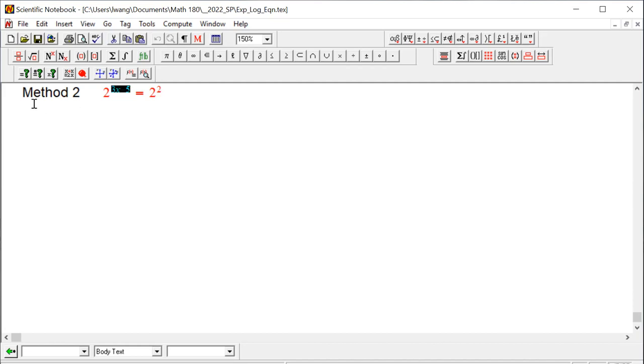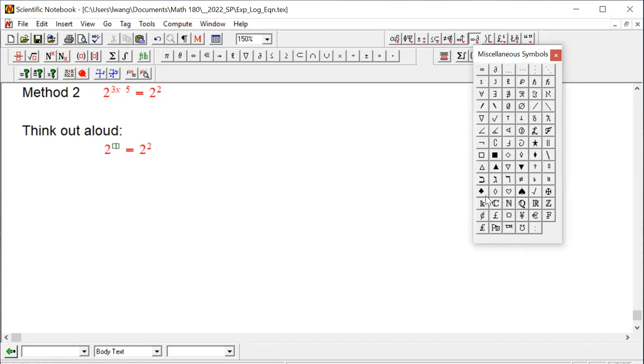So when we do method 2, let me put a think out aloud here. I see this equation, and I would treat this piece as a heart.